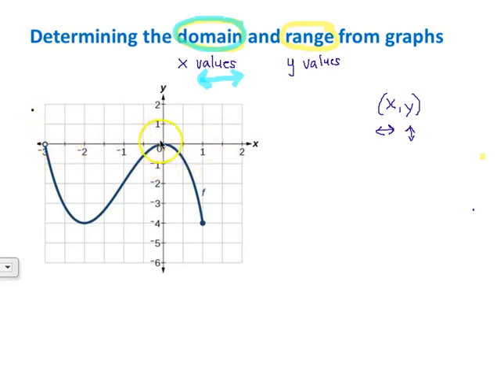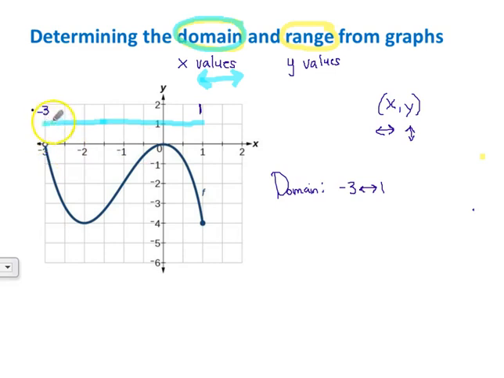So if we look at our graph, we want to look at all the possible x values, and it ranges from, looks like, -3. We can have x values that go from -3 all the way up to +1. So our domain looks like it ranges from -3 all the way up to +1.